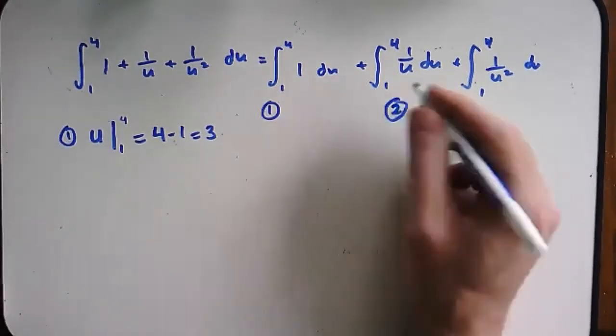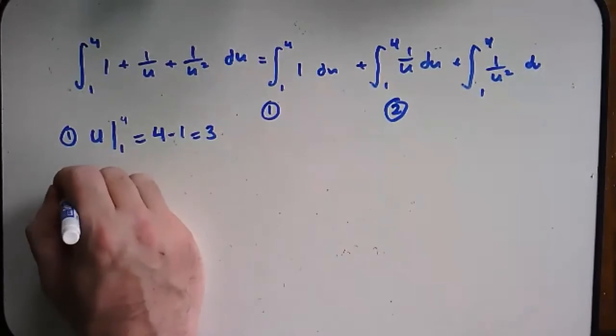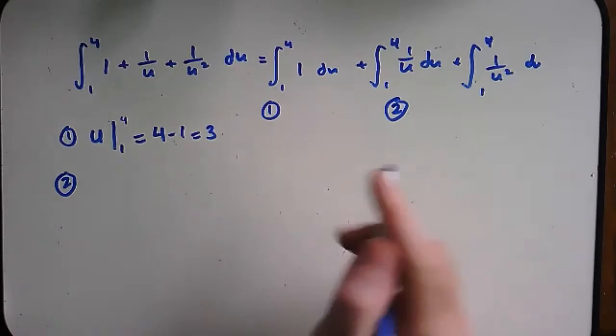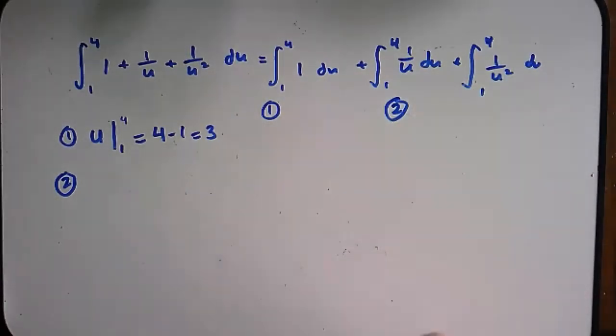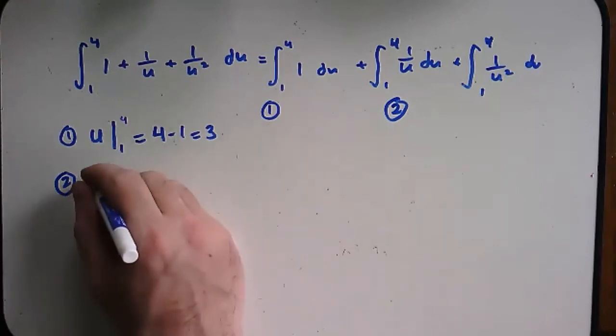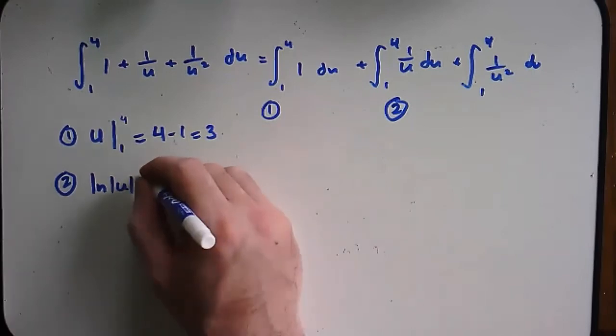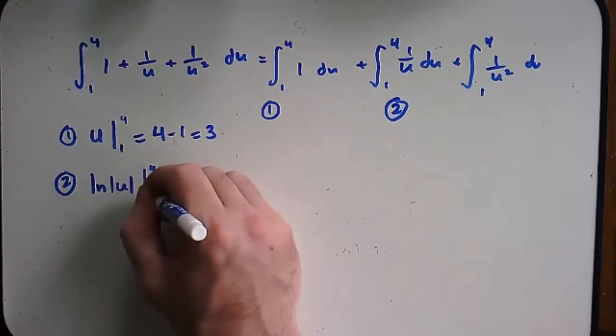This is our second definite integral. Well, what's the antiderivative of 1 over u? Well, we just did a problem like this. 1 over u is the derivative of natural log u, right? And so our antiderivative will be natural log u, again evaluated at 4 and 1.